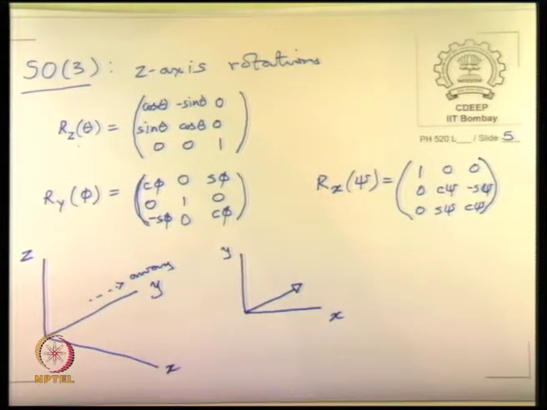So the difference between so-called active rotations and passive rotations is whether you rotate the axis or you rotate the object.